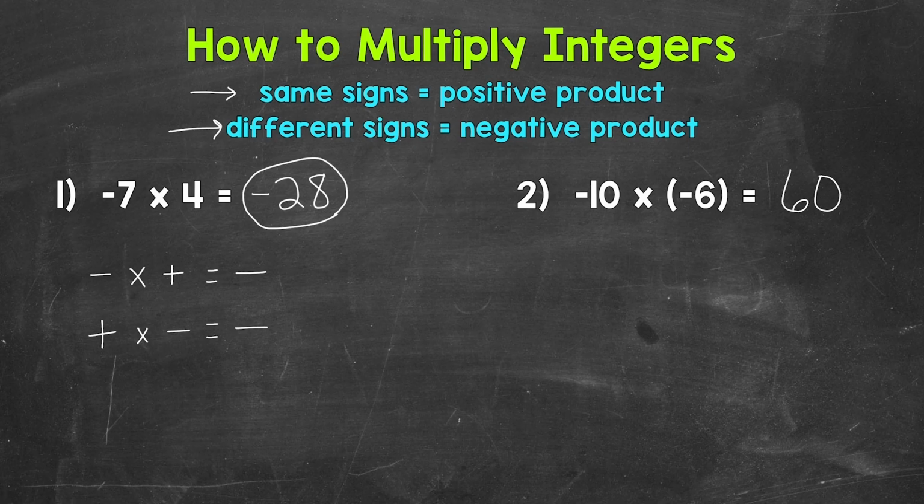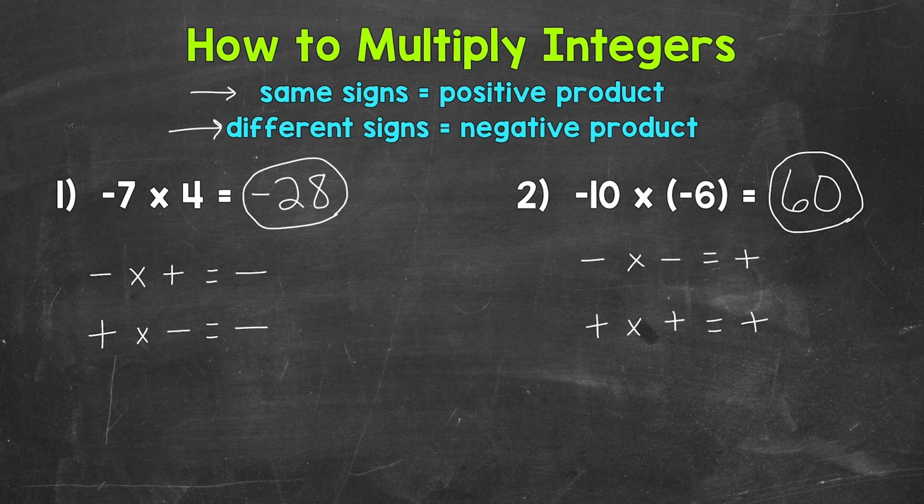Our final answer, 60. So to recap, same signs equals a positive product. So negative times a negative equals a positive product, and then a positive times a positive also equals a positive product. That's how we multiply integers.